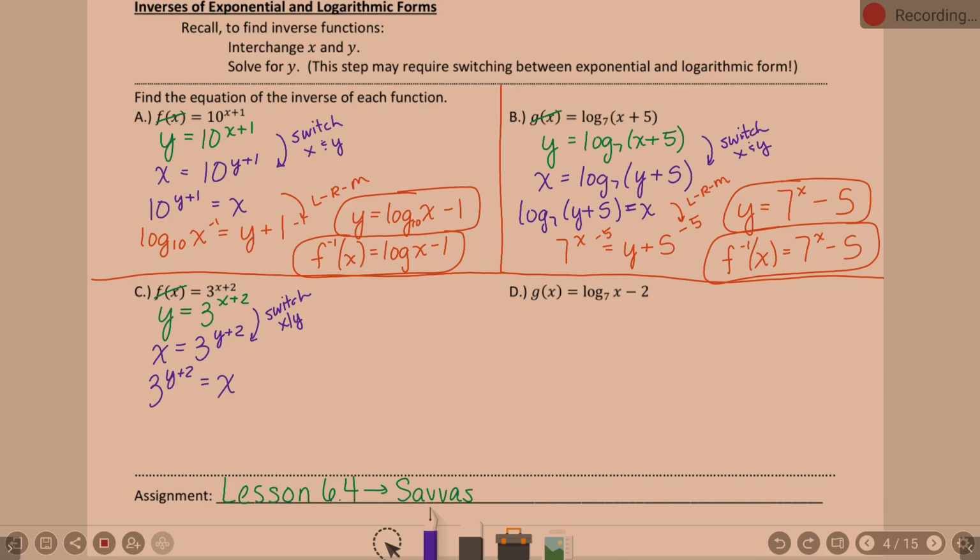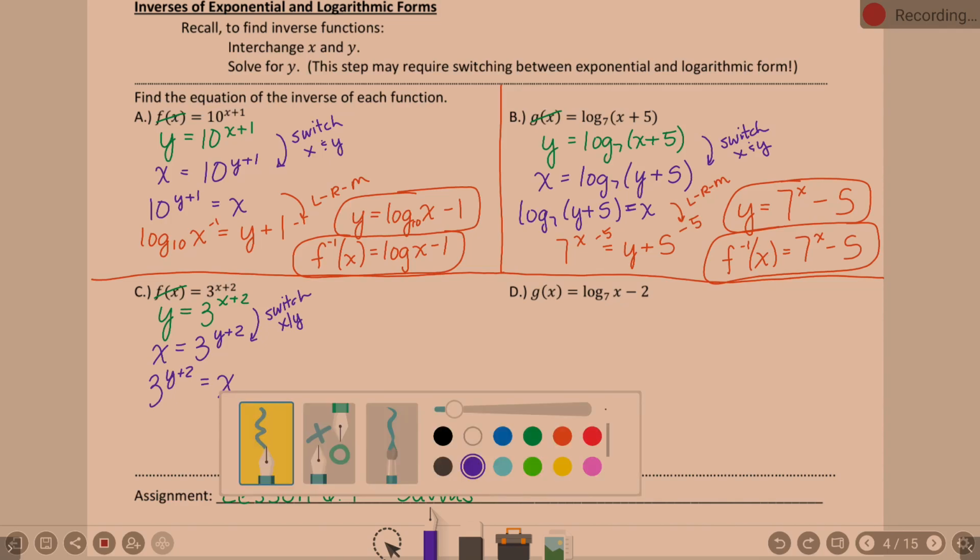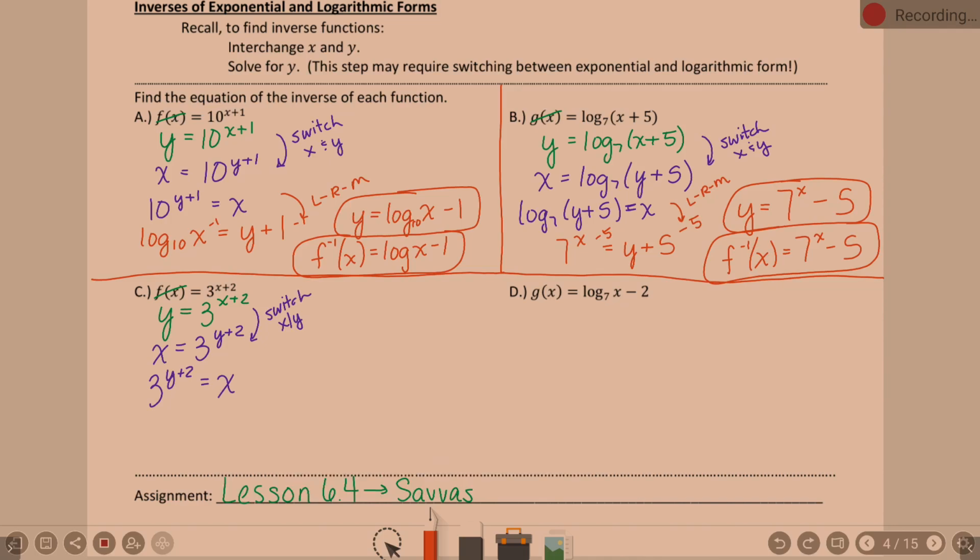And now we're going to do our left, right, middle step. So this is going to be what? Good. Log base 3 of x equals y plus 2. And at least the solving's easy, isn't it? If you can remember how to do left, right, middle, the solving's easy.